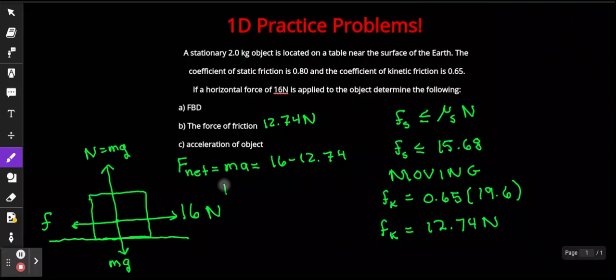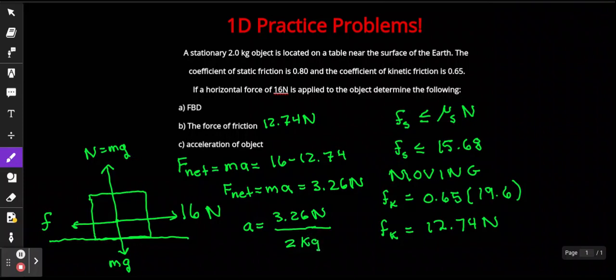So this means that F net, which equals ma, equals 3.26 newtons. So we have our mass, so in order to figure out our acceleration, we have to divide our net force by the mass. So our acceleration is going to be 3.26 newtons divided by our mass of 2 kilograms. And plugging this into our calculator gives us an acceleration of 1.63 meters per second squared.